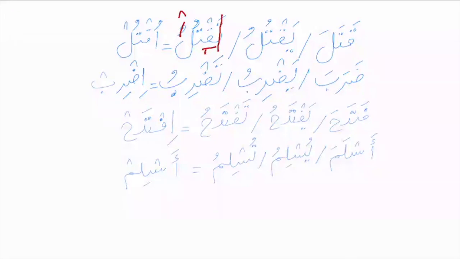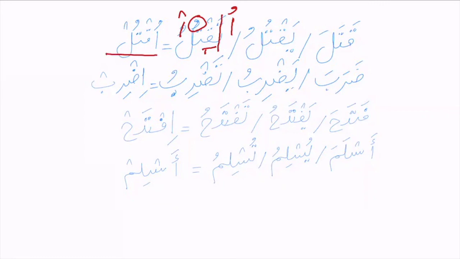So I need to bring the helper alif. Now I need to see what sign to give to the helper alif. So I see Qaf Ta Lam is the root letter, and we always look at the middle root letter. What sign does the middle root letter have? The middle root letter has U sound. I will give it U sound. So it will become Uktul, right?